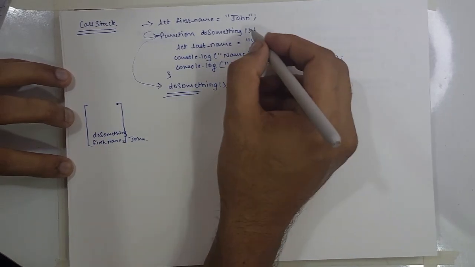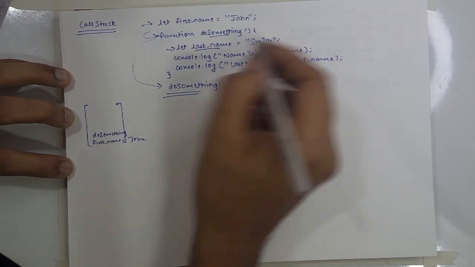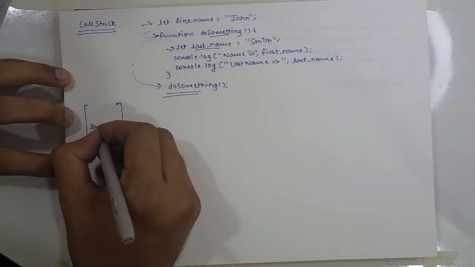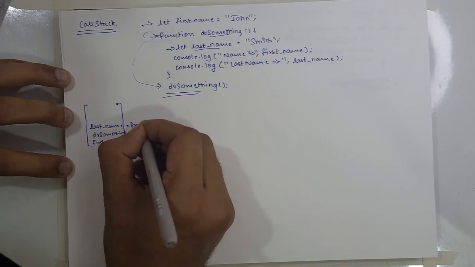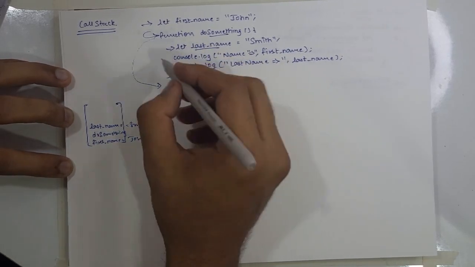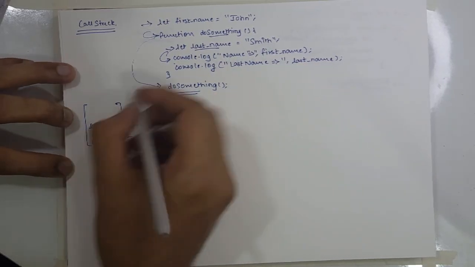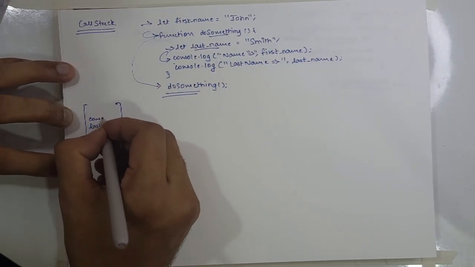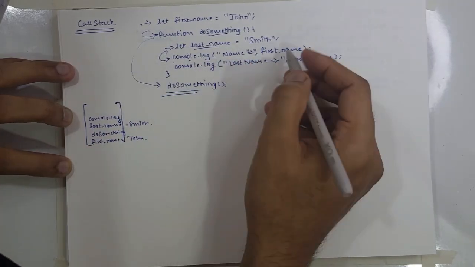Then it goes to this function definition, do something. It says, okay, let last name is equals to Smith. So it registers last name is equals to Smith. And then there is a console statement, name is equals to first name. So this console statement comes over here, console.log.